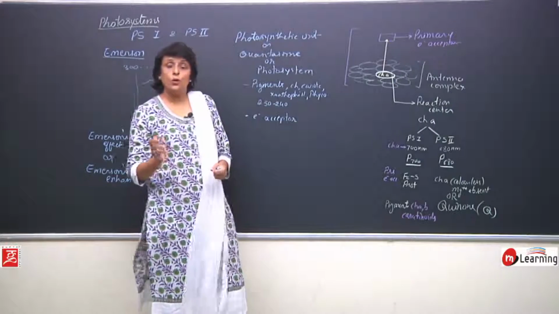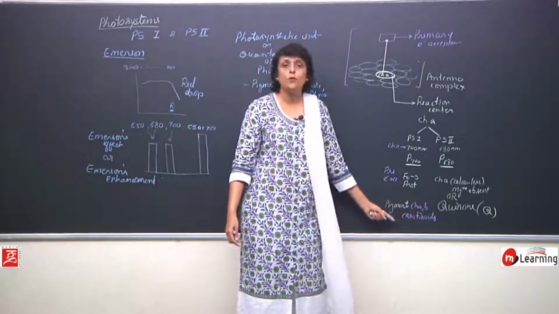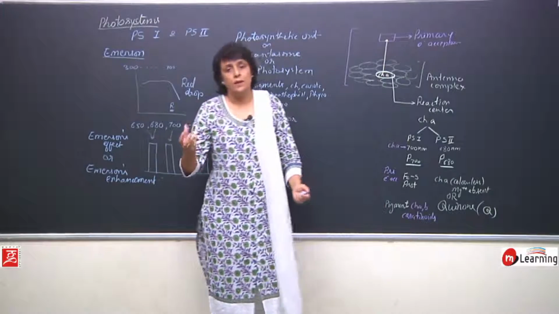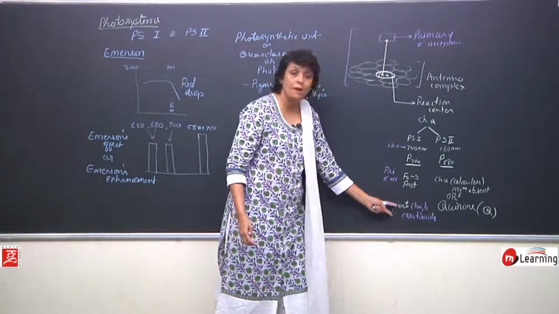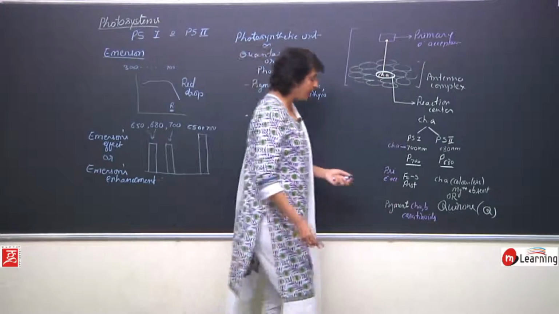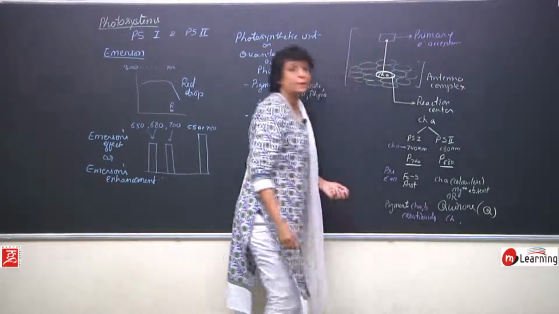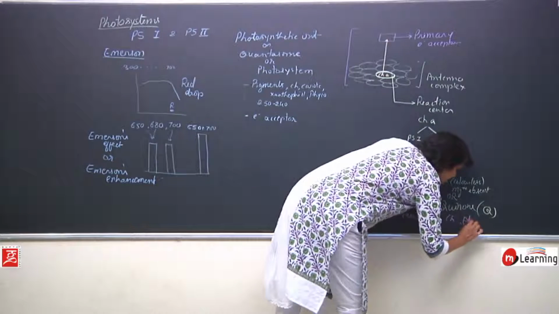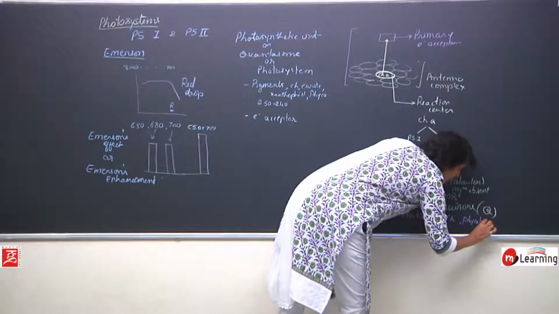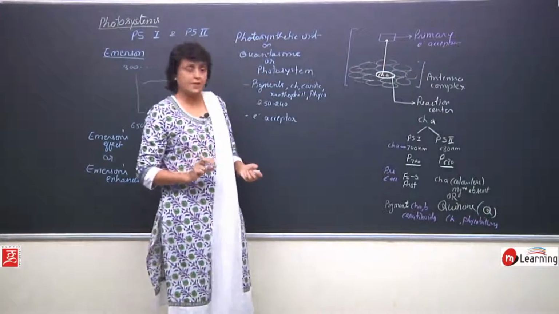The ratio is about 20:1. So, normally there are 200 to 400 chlorophyll molecules and maybe 1 or 2 carotenoids. In case of PS2, along with chlorophyll, the other pigments which are present are phycobilins. So, this is the pigment wise difference.